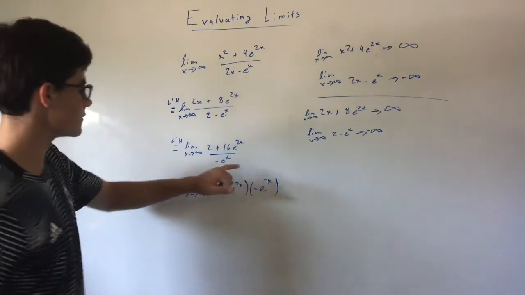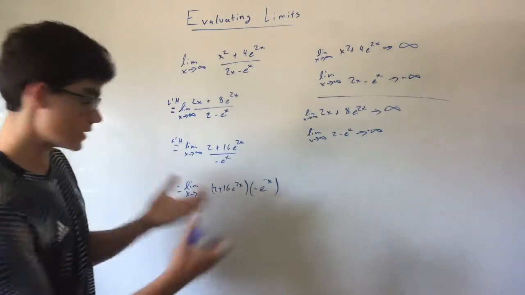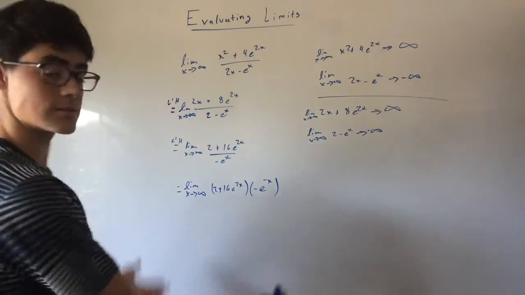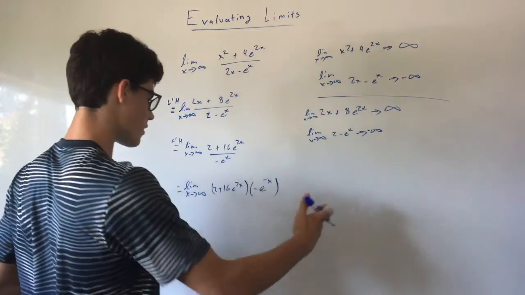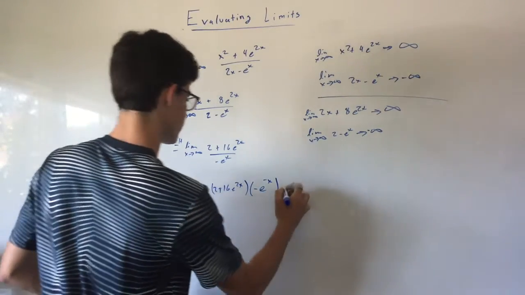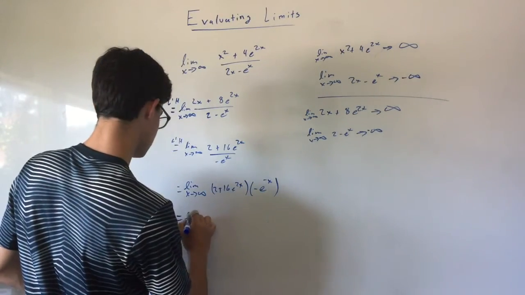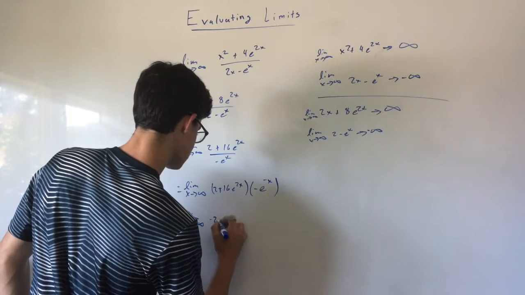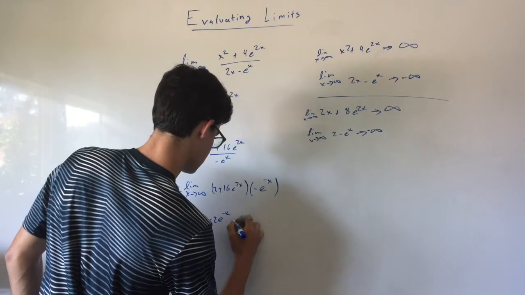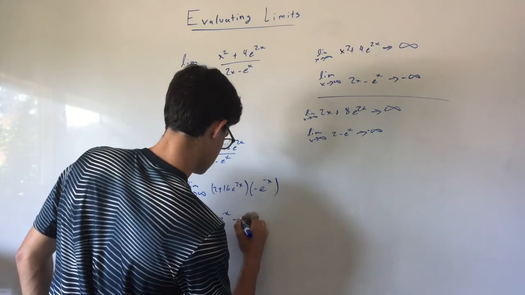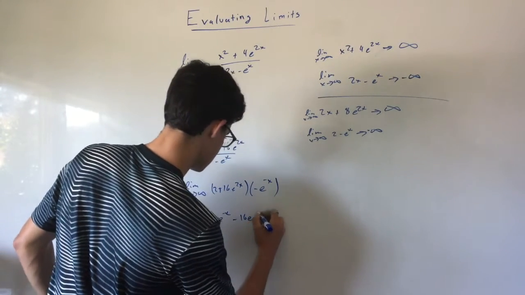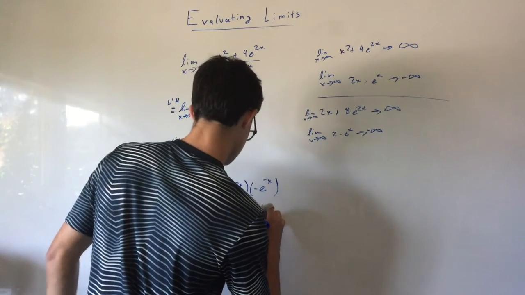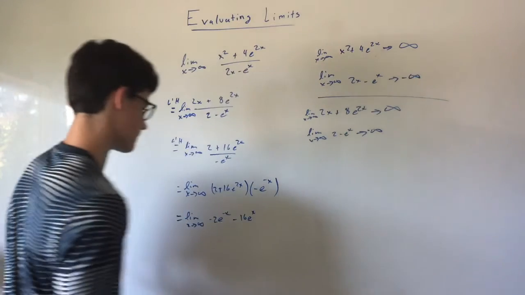You just put a negative here and move it up to the numerator. Now we don't have infinity over infinity. Now we have something else entirely. So how about we distribute this to each side? So equals limit x approaches infinity, negative 2e to the negative x minus 16e to the x.